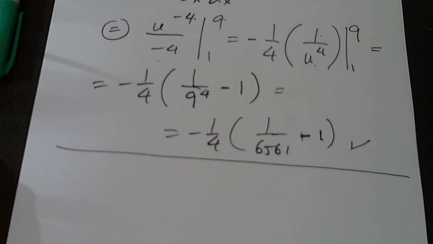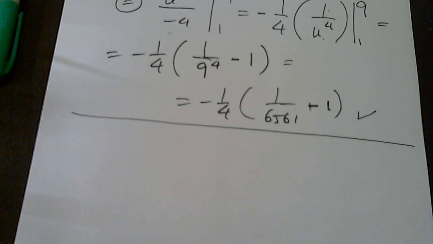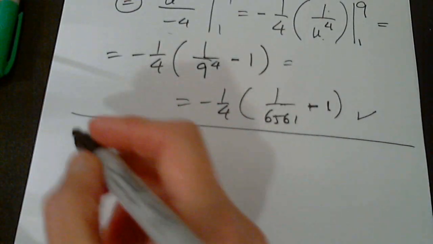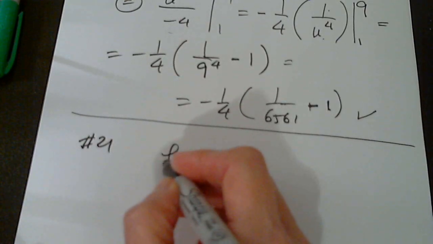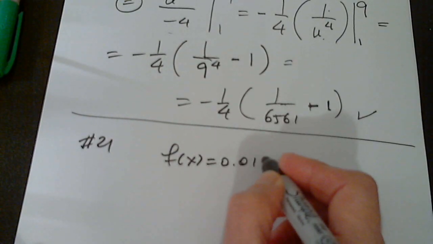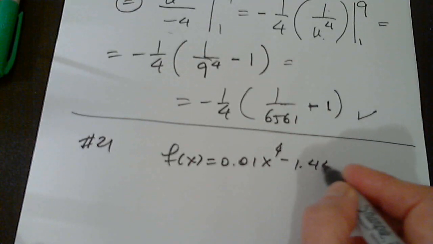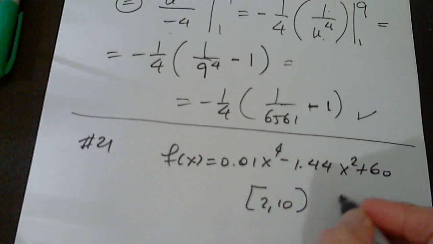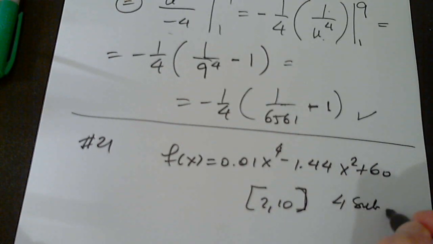I will not ask more than 4 subintervals. Not 5, not 6, not 10, no, 4. 4 subintervals. So we may be given, for example, let's say, I'm just going to copy any function. Let's say 21. So f of x equals 0.01 x to the 4th minus 1.44 x squared plus 60, and the interval is 2, 10, and of course 4 subintervals.